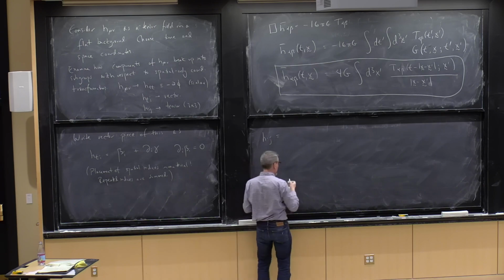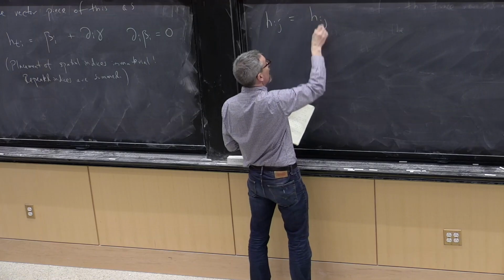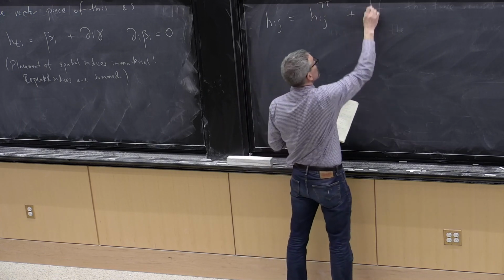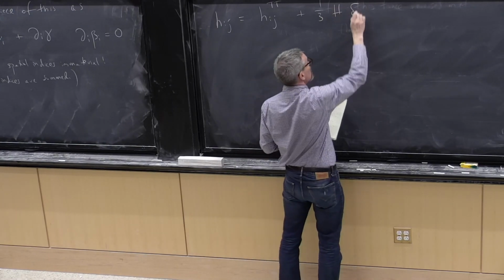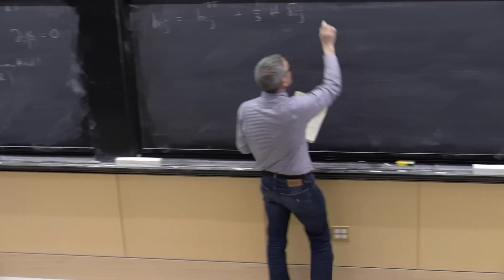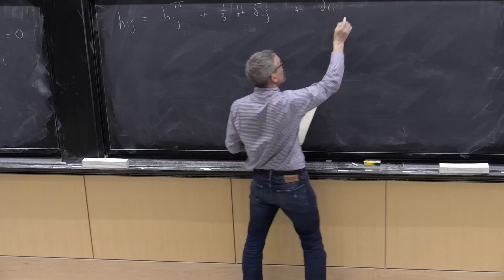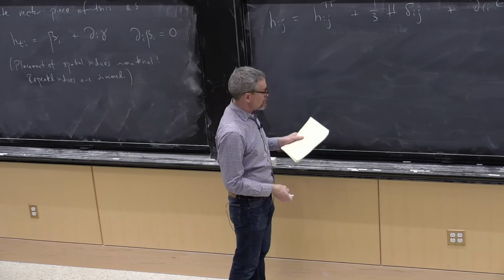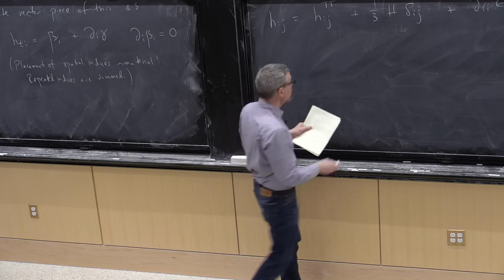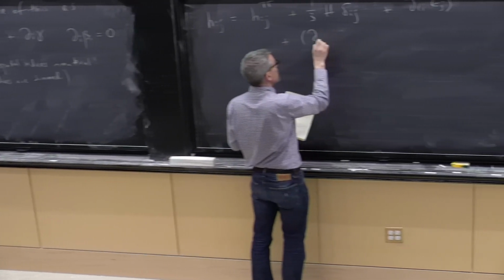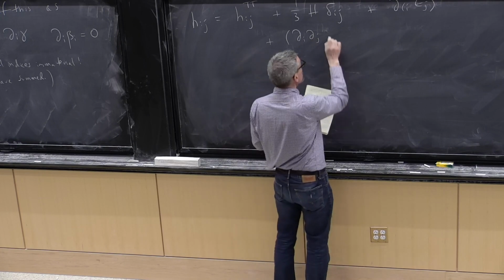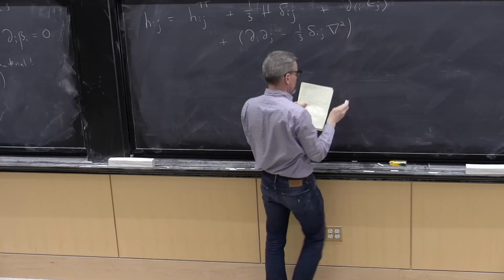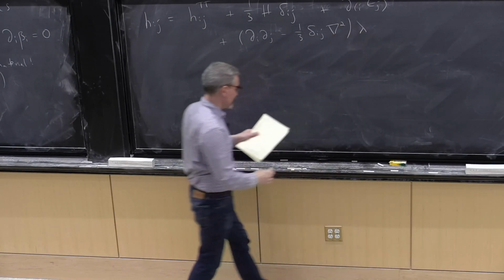So Hij can be written as Hij TT, I will define that in a moment, plus 1/3 H delta ij plus a sort of symmetrized gradient of a vector epsilon plus delta i delta j minus 1/3 delta ij, the plus operator on some function lambda.